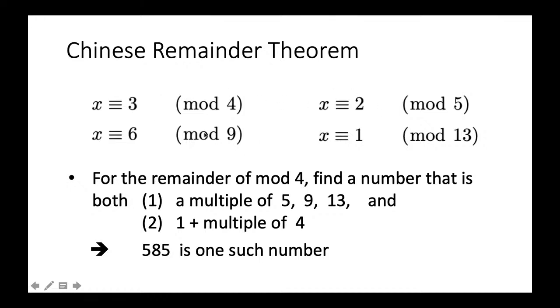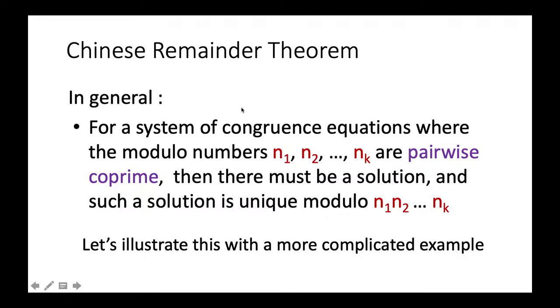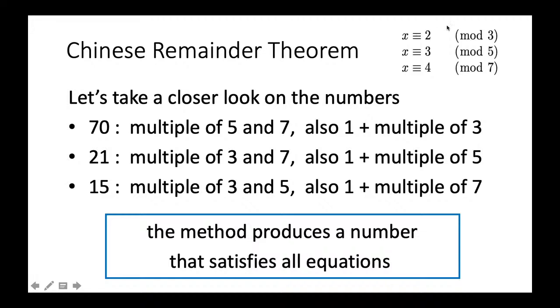How can we solve this set of congruence equations? Can we find a certain x that works? We will use the same idea as before. Remember previously, we multiplied the remainder of 3 by 70.